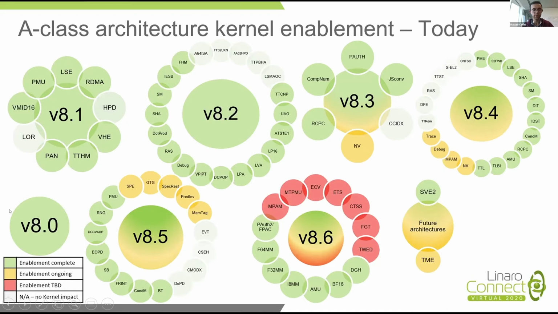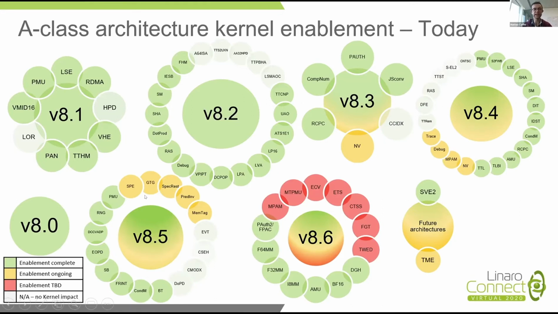8.5 is also reasonably green. We've done all the major enablements, with the last one missing so far being memory tagging, which is progressing quite well towards merge. I have a dedicated slide for it. What's missing? A few investigation activities regarding speculation barriers in the context of some specific kernel subsystems, for example eBPF, to see how those barriers can be helpful in those subsystems.